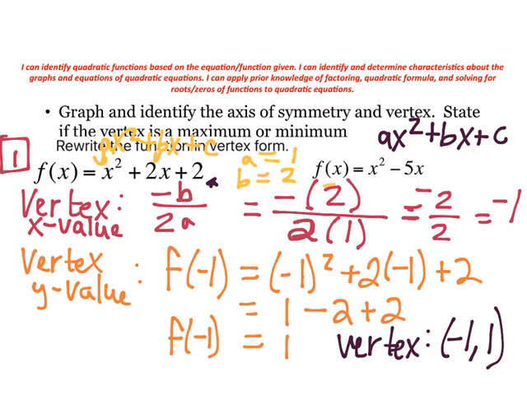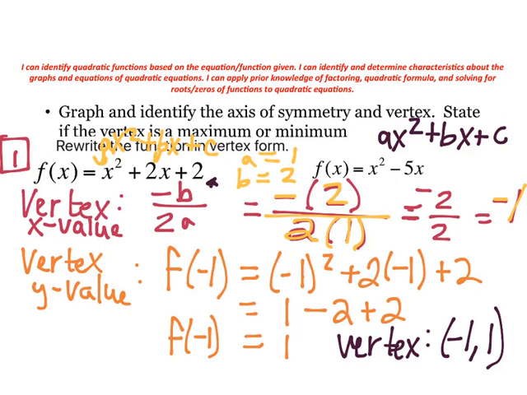Hence where I get 2 right here, and then I'm going to negate it for negative b divided by 2 times the a term, which is 1. And then I simplify that. Negative 2 divided by 2 is negative 1. And so that is the x value for my vertex.